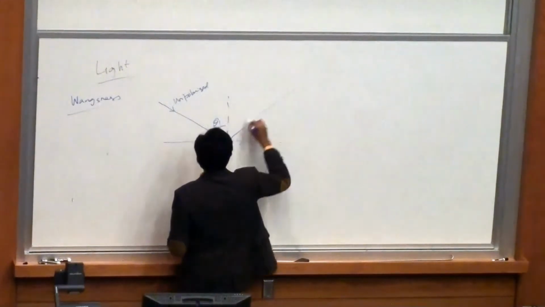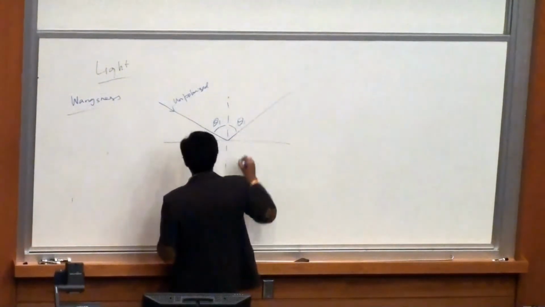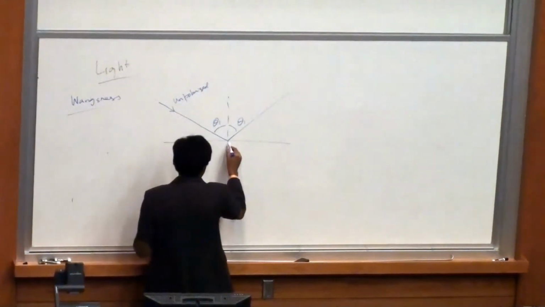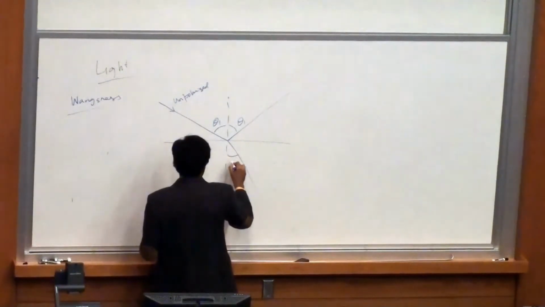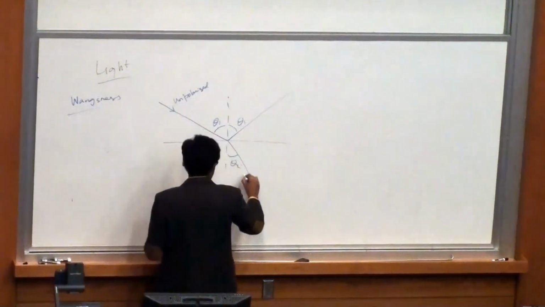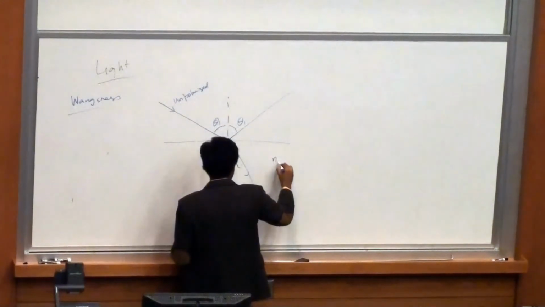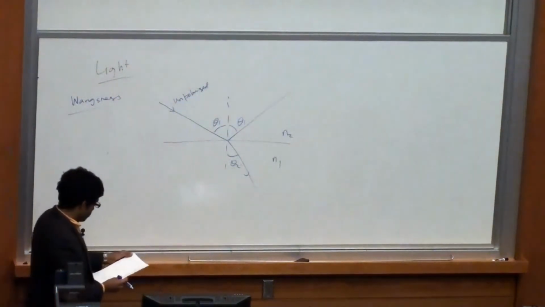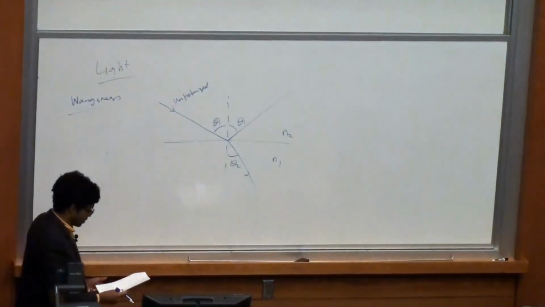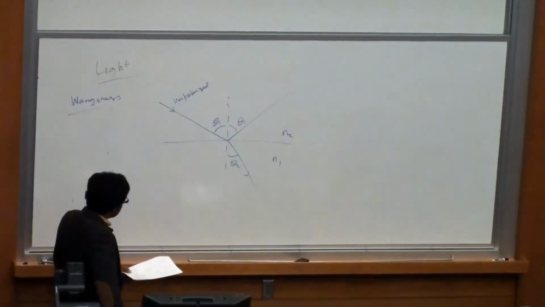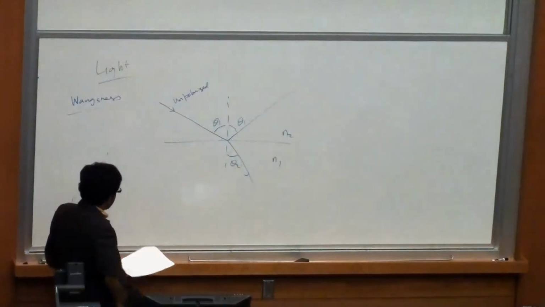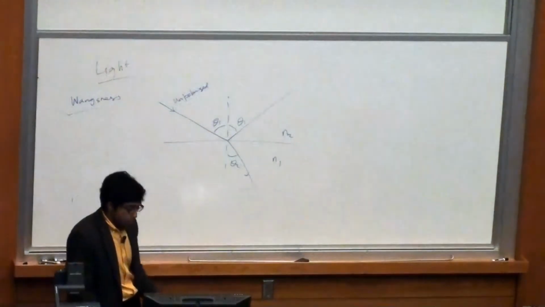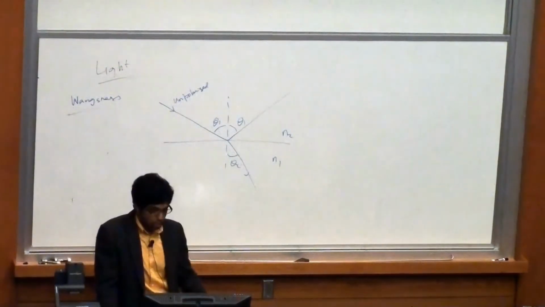It stands to reason that it would bounce off at some angle theta 1, and it would get refracted here at theta 2. We know this is some media N1, and this is N2. Now if you want to use Maxwell's equations at the surface, you have to decompose the incoming light, at least, into the electric field vector in 2 dimensions.